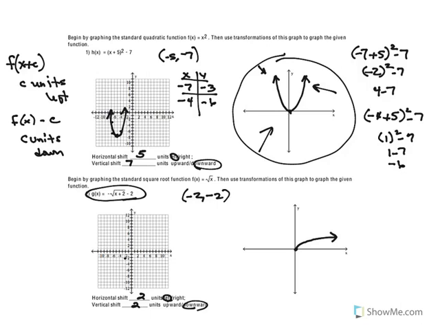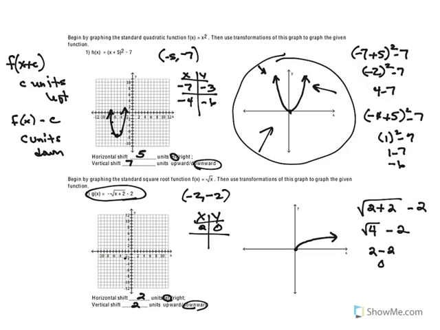So now I just need to find another point so that I can figure out where my arm is going. It's a square root, so I need something that's going to come out as a perfect square. So I'm going to pick 2. Square root of 4 minus 2. 2 minus 2, 0.